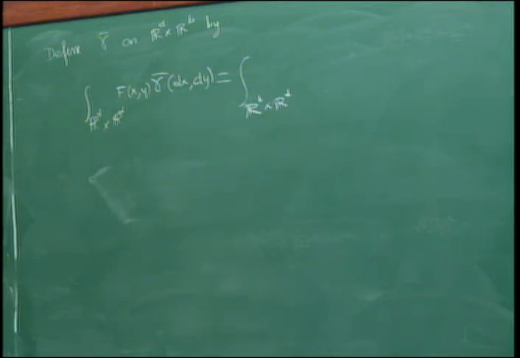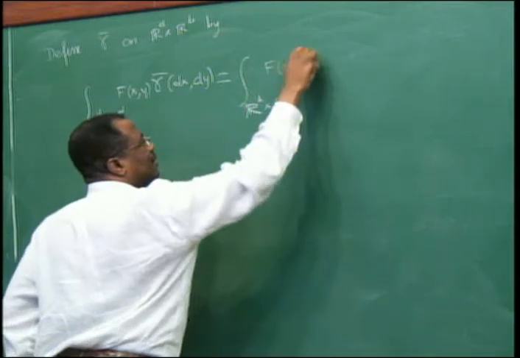What will be the guess? Interpolation. If you do an interpolation, you know how to go from X to Y. You want to go from Y to X. So by definition, this is f of y,x gamma dx dy.